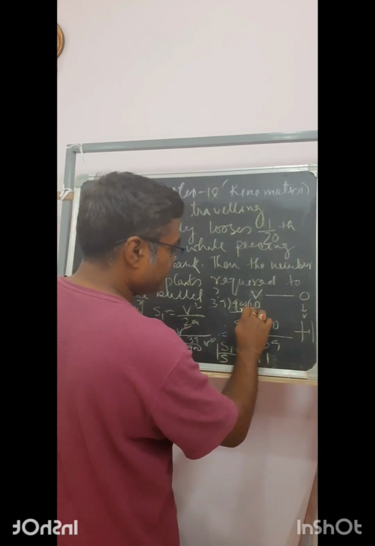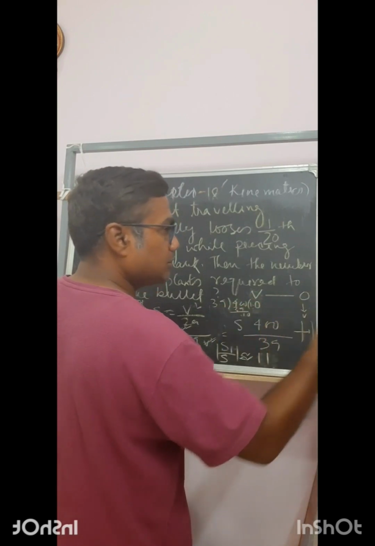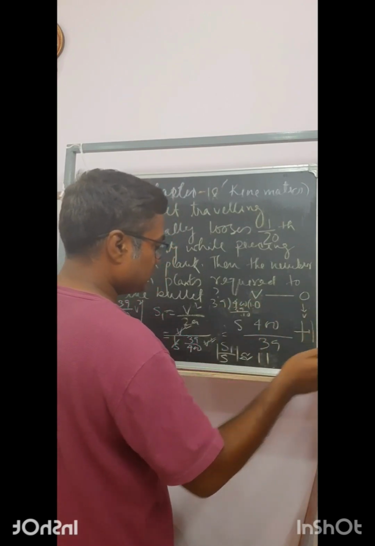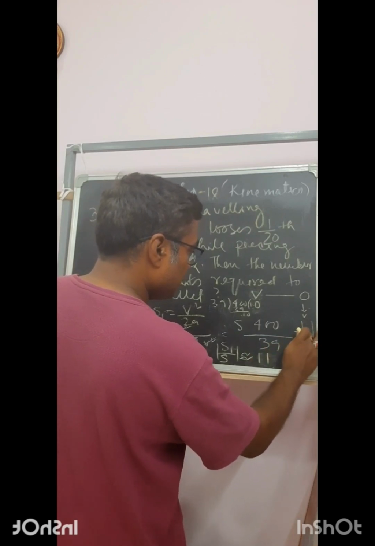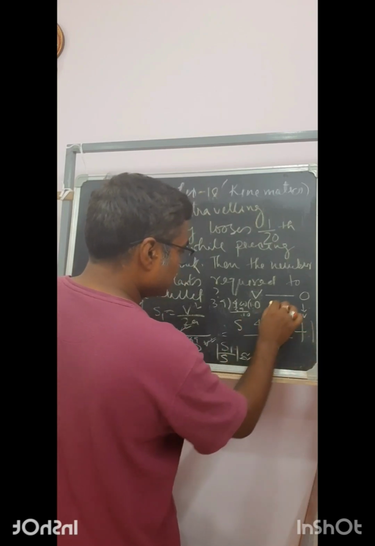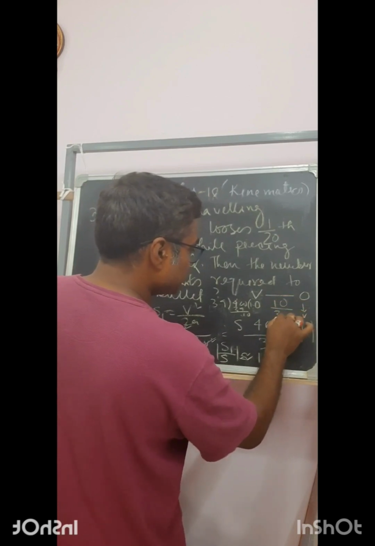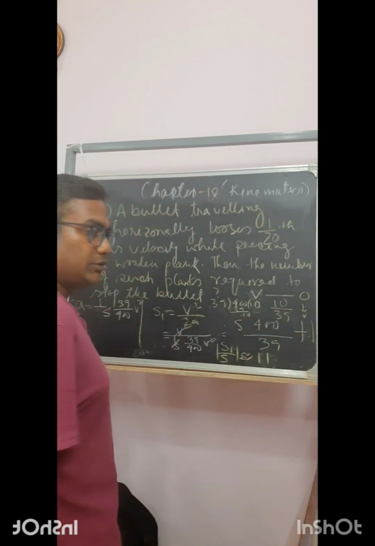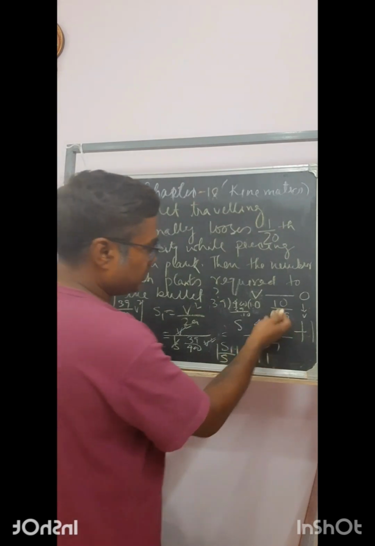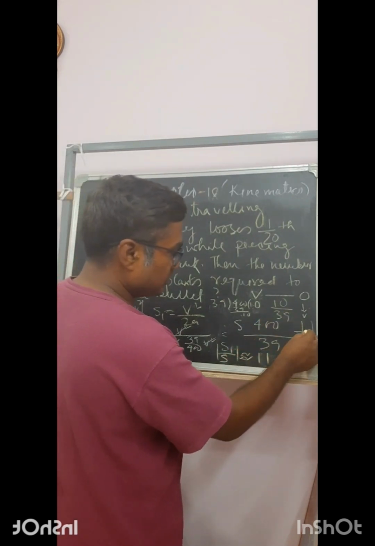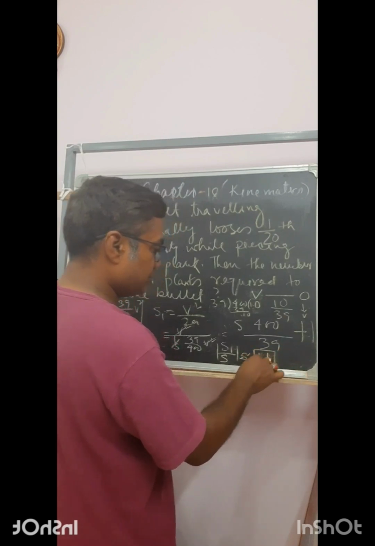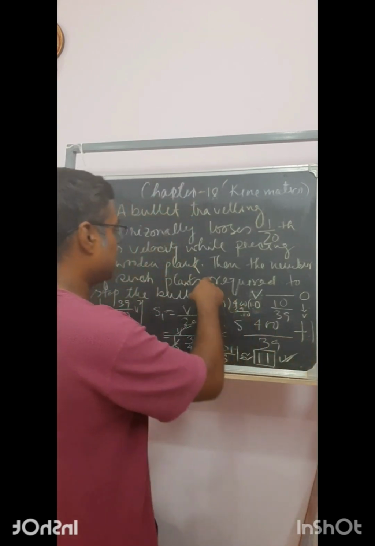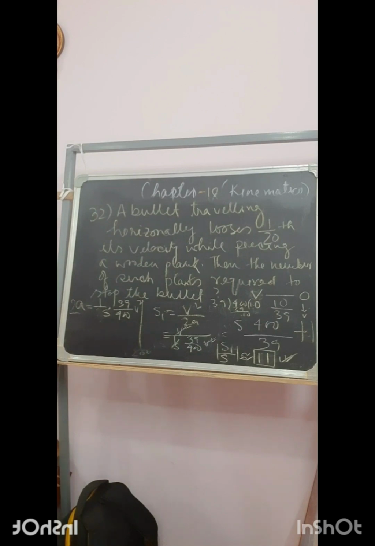So 10 will not be sufficient, because after 10 the bullet still has some velocity. So if I use 11 plates, the bullet will stop within a fraction of the last plate. The total plate will not be used, or rather one third you can say, 1/3 or 1/4. After 1/4 it will stop, but the number of plates that I have to use is 11 plates. This is the requirement of the sum.